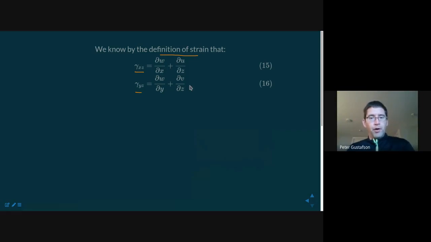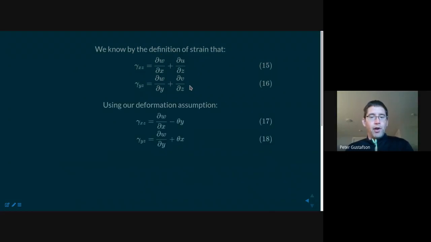And furthermore, we happen to know that we can write, based on our assumed deformation, the values for u, v, and w. Okay, so I've plugged in the values, those equations that we wrote for u, v, and w, into our strain equations.